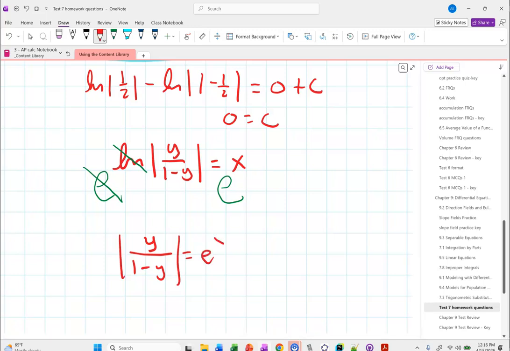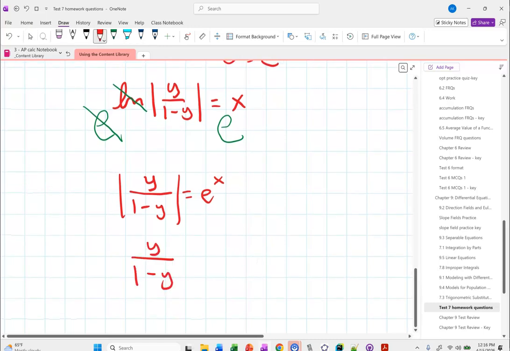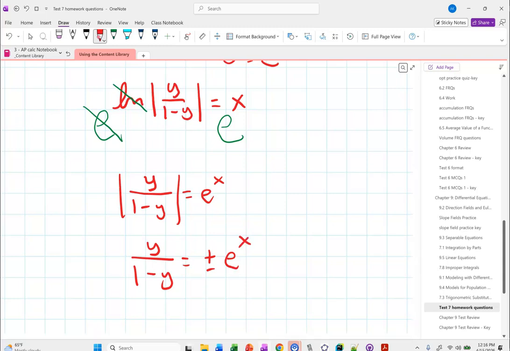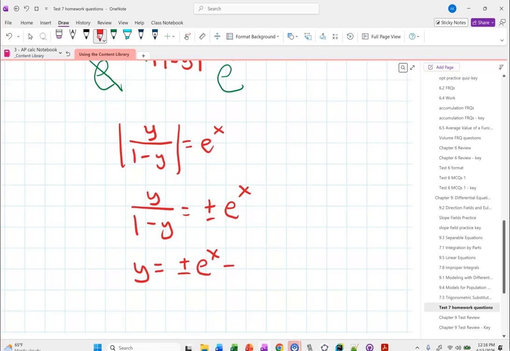Still got that. So far, so good. I'm going to drop the absolute value and just replace it with a plus or minus on the other side. And then to get the y by itself, because it wants an expression for f, I'll multiply both sides by 1 minus y. Everybody's okay there?